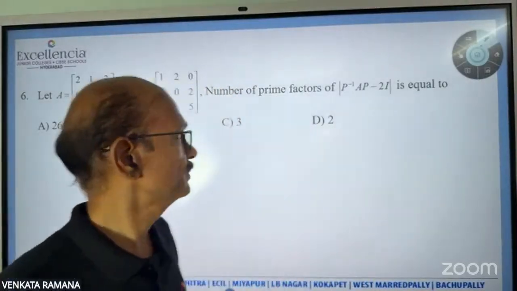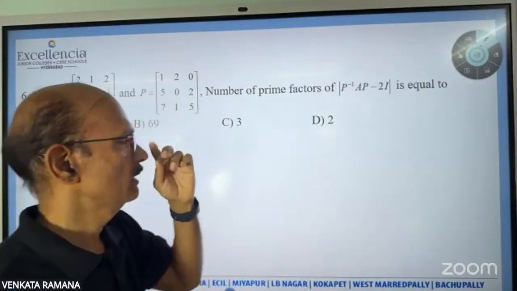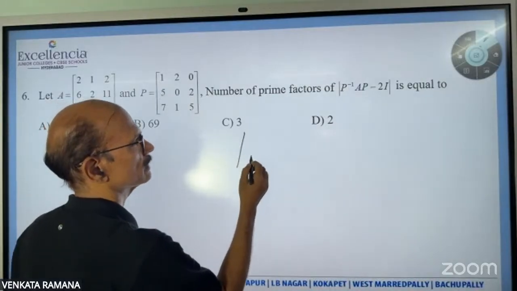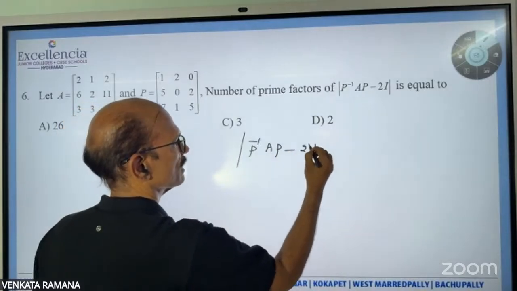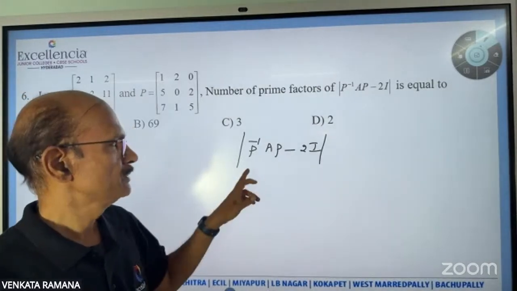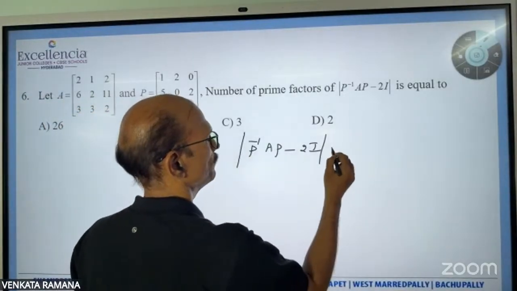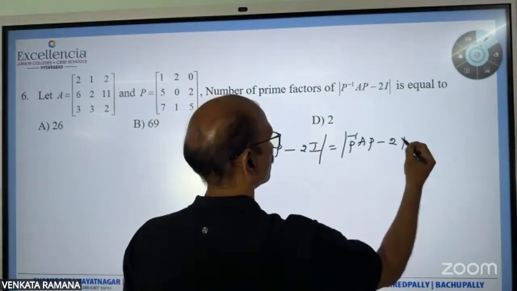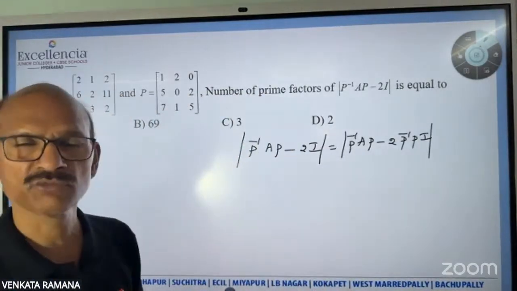Students, here I want to consider this expression. The expression he is asking is P inverse of AP minus 2 times I. So I want to multiply this one as follows: P inverse of AP minus 2 times P inverse of P times I. P inverse of P is nothing but I only.